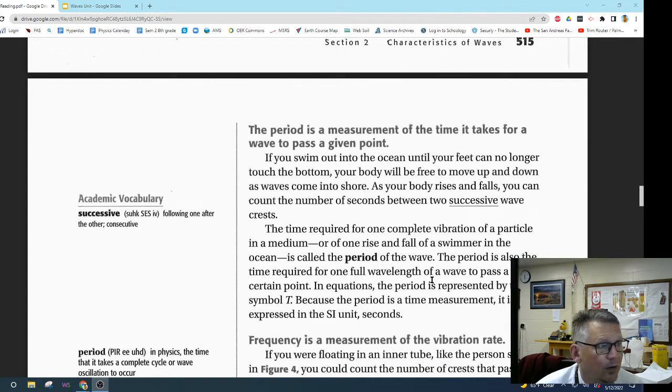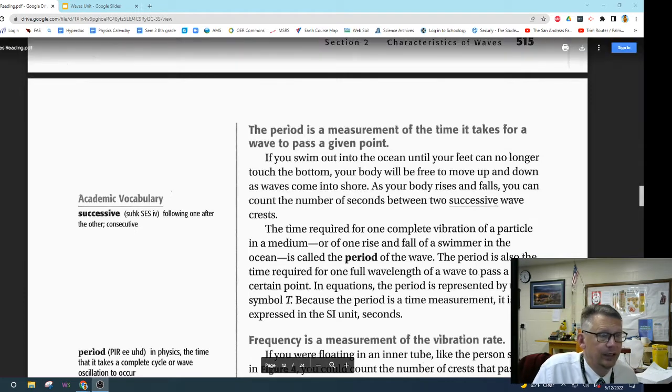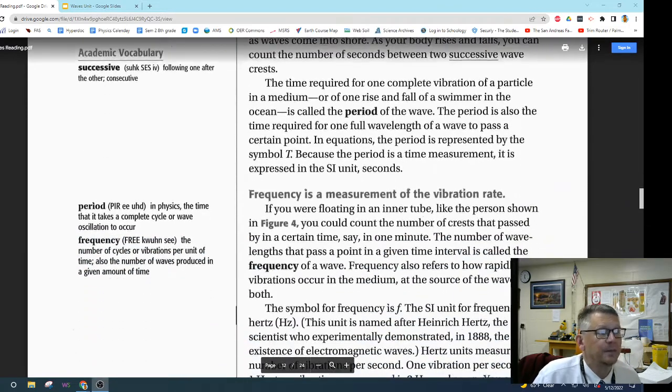The time required for one complete vibration of a particle in a medium, or one rise and fall of a swimmer in the ocean, is called the period of the wave. The period is also the time required for one full wavelength of the wave to pass a certain point. In equations, the period is represented by the symbol T because the period is a time measurement. It is expressed in the SI unit seconds.